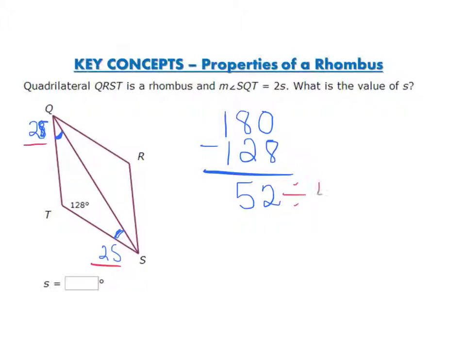So I'm going to divide this by 4, which gives me S equals 13. So the value of S is 13 degrees. You can always check it by taking 4 times 13, which gives us 52. 52 plus 128 is 180 degrees.